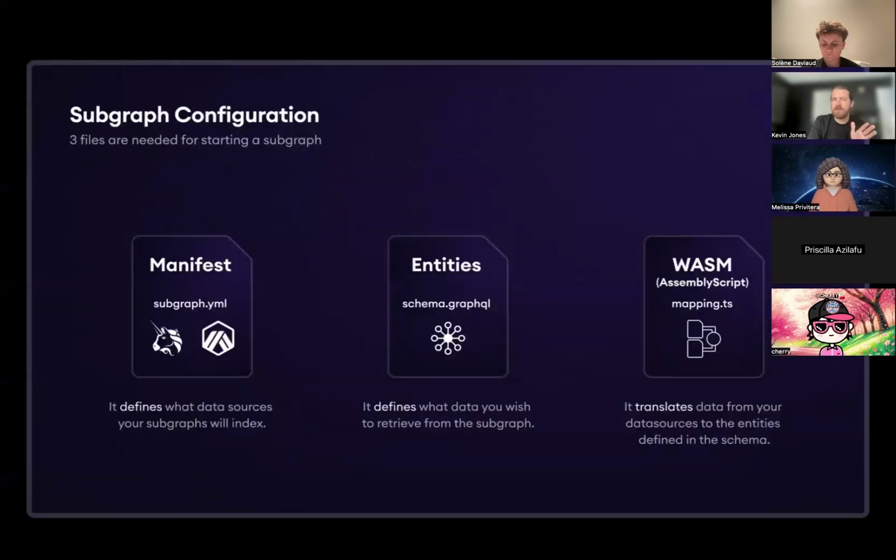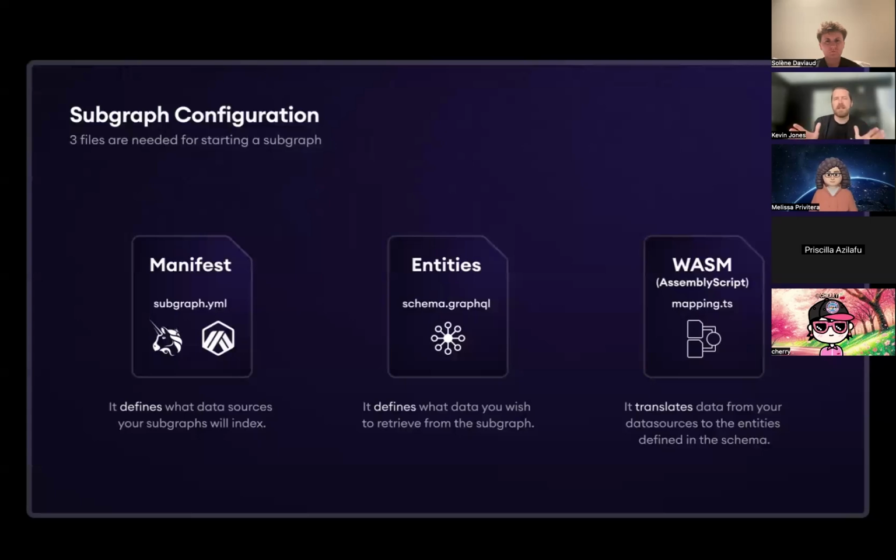So I want to just briefly touch on the configuration. We're not going to get too much into the config because it's a little complicated. But the good thing is that there's a lot of tools that make it easier for you as a developer, and we'll talk about those in a little bit.